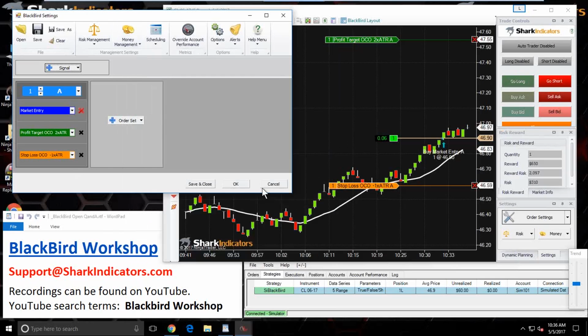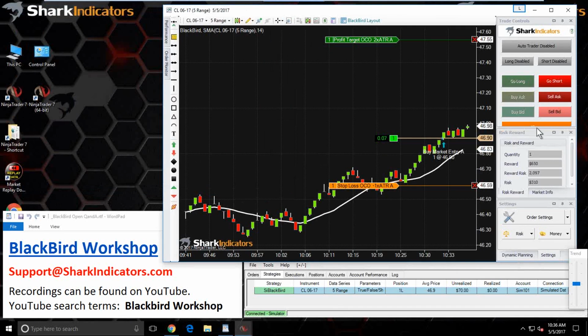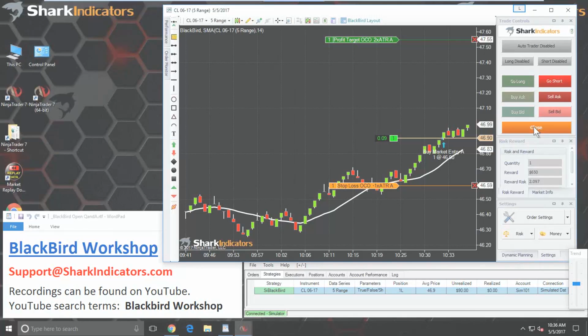For example, if you use the close button here on BlackBird, or the same thing on NinjaTrader's chart trader, I'm pretty certain that is a market order. That's the only way to close the position out as fast as possible.